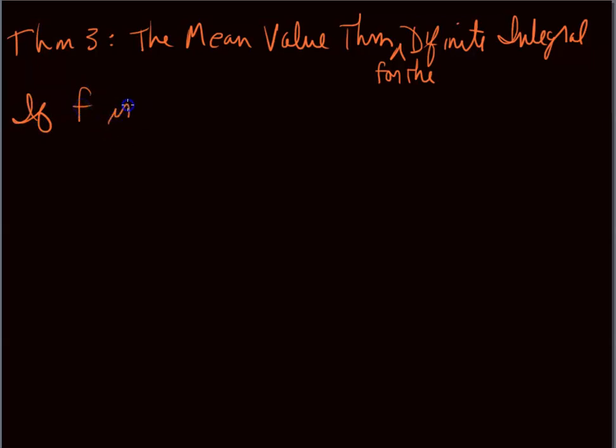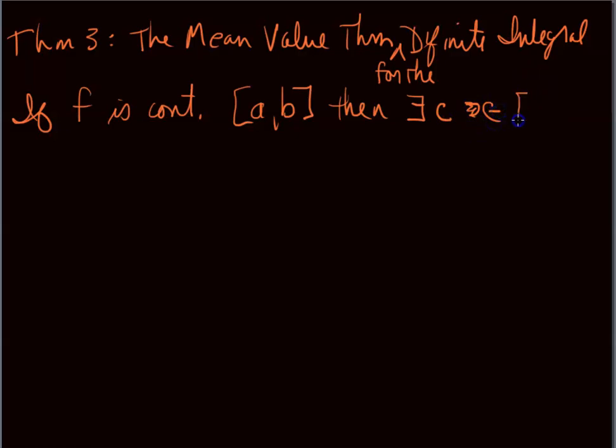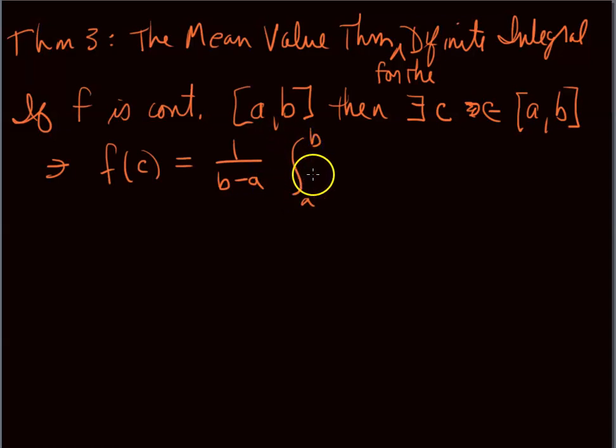If f is continuous on the interval from a to b, then there exists a c, such that, well, the c has to be an element of [a, b], the closed interval, such that that function f of c equals 1 over b minus a times the definite integral from a to b of f of x dx.